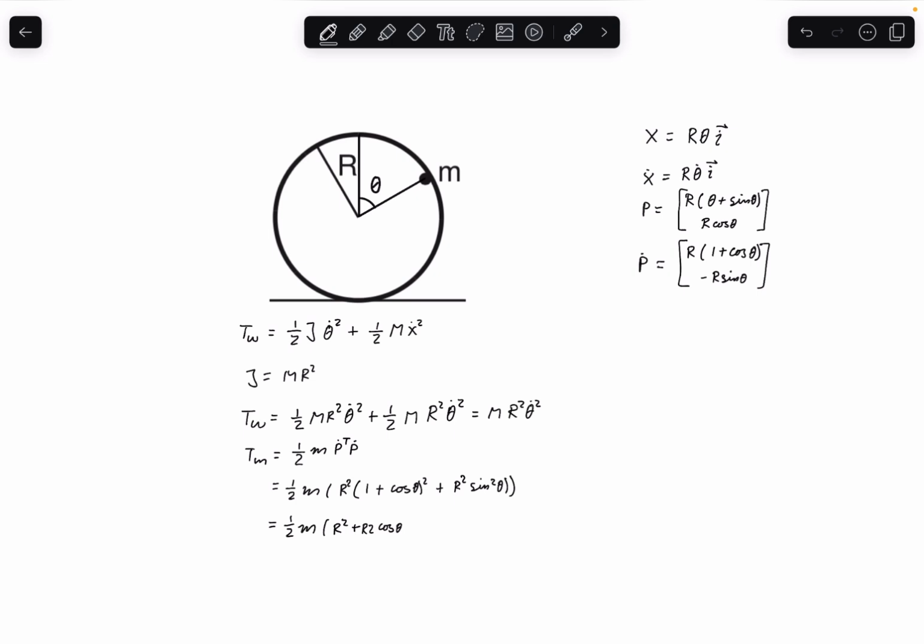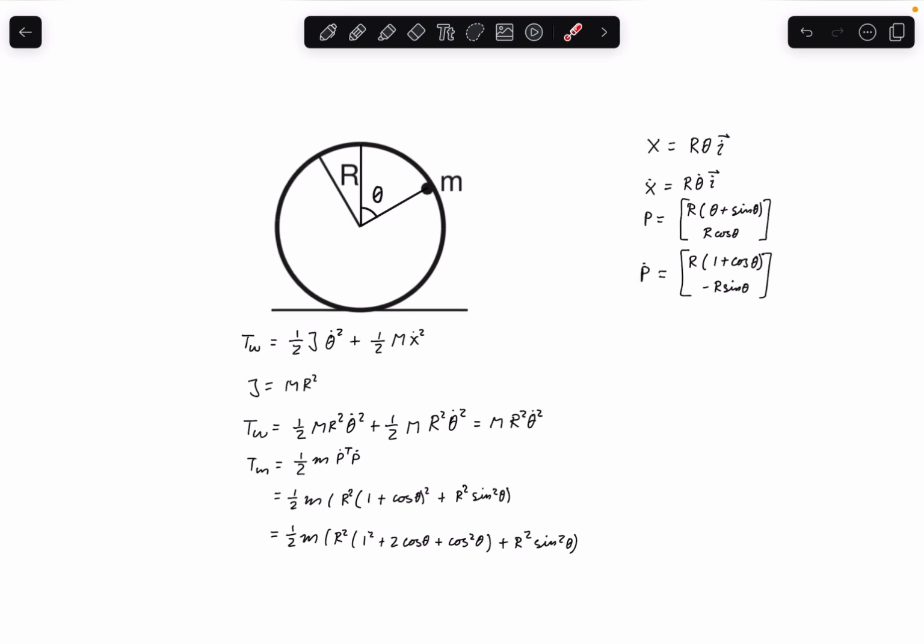And then we still have the r squared as well. And now we get 1 squared plus 2 cos theta plus cos squared theta. And then the other part remains the same.